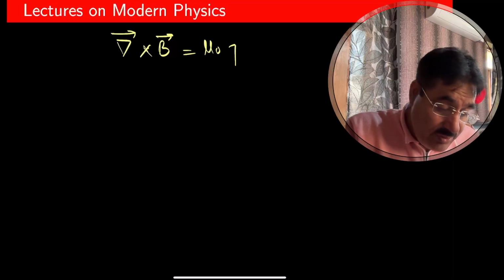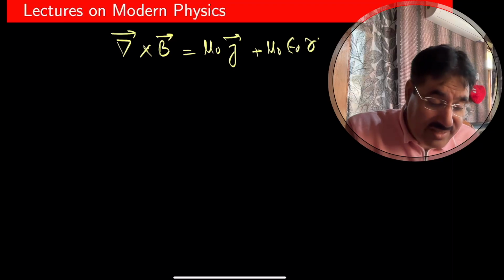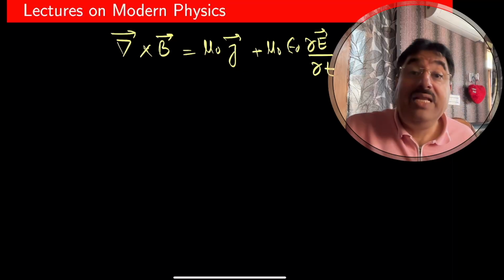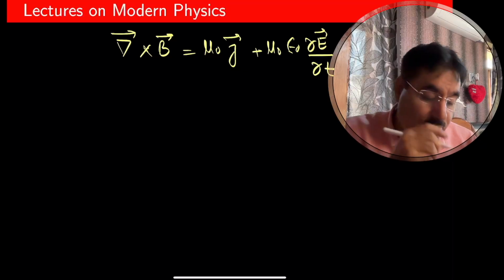So I will rewrite Maxwell's equation. Del cross B is mu naught J. Let's add this term, and then we'll justify why we added it. Now take again the divergence on both sides.